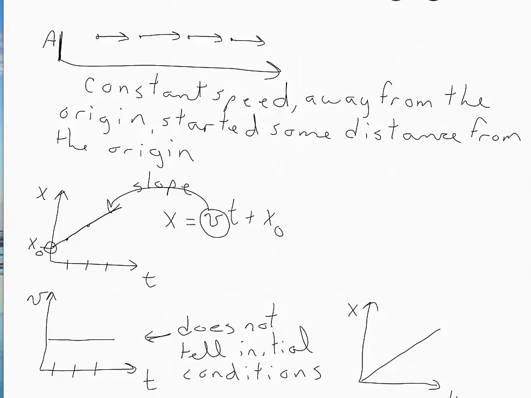This position time graph, which could also be represented by that velocity time graph, has a little bit different equation. It is simply that x is equal to vt, because it does not have a y-intercept. Its y-intercept is 0, and the velocity is still the slope. Okay?